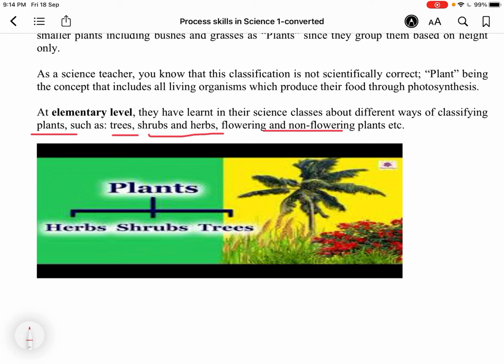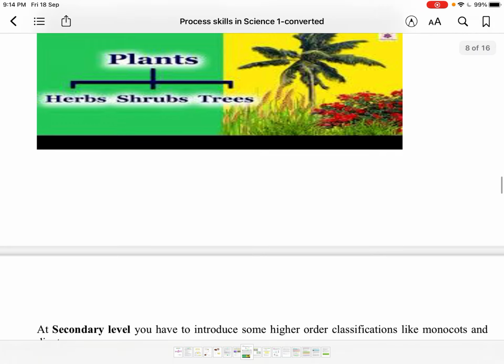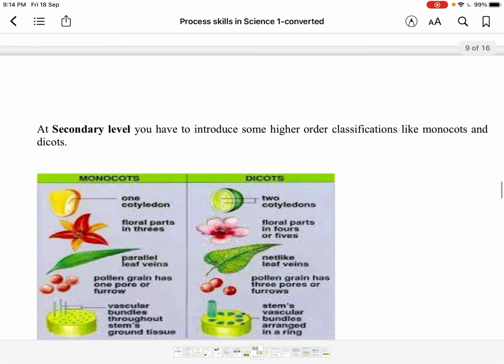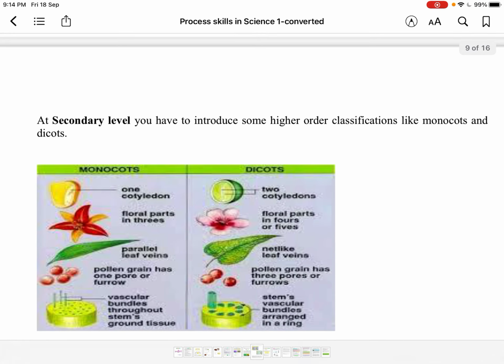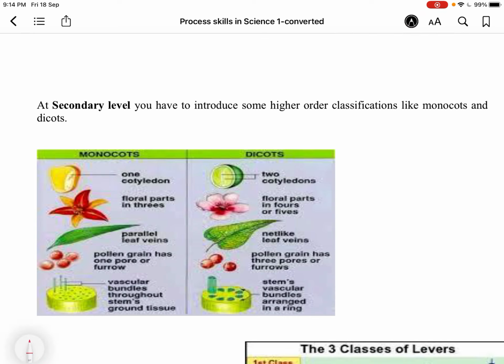So this type of classification we can teach at the elementary level. And now in secondary levels, this classification can be of a higher range. For example, here a classification about the monocots and dicots.